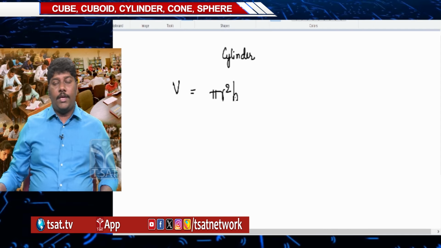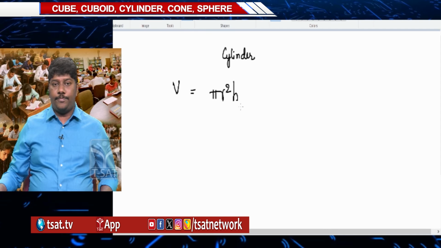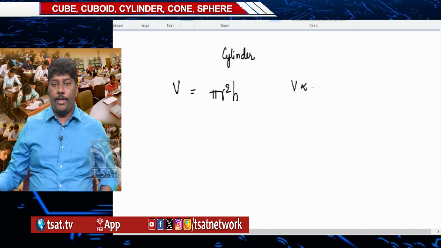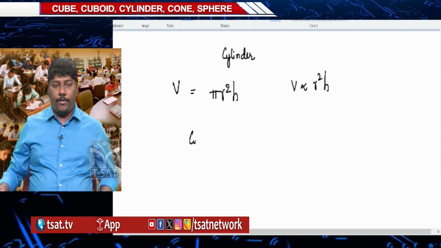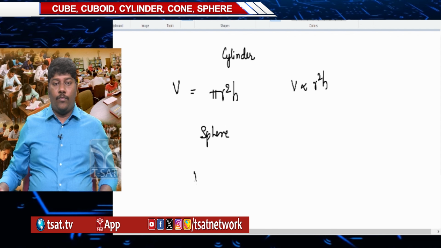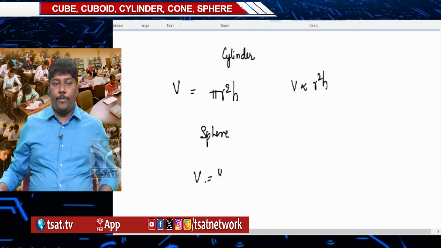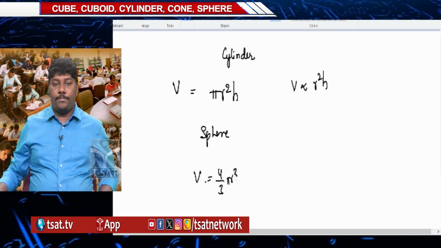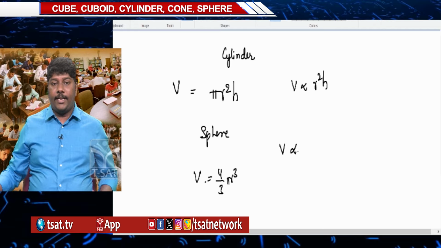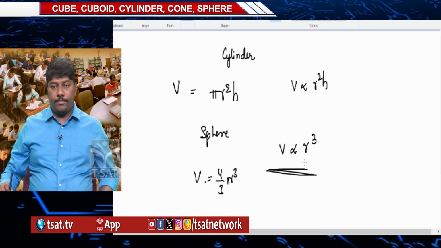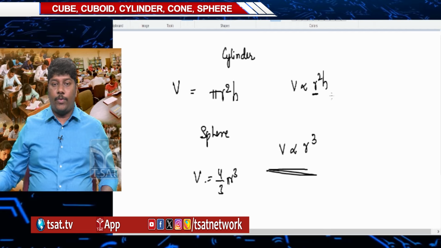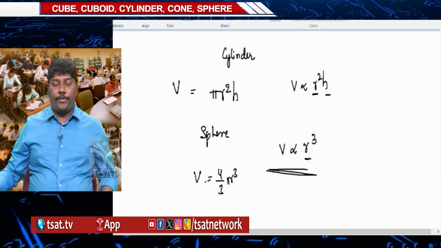Now volume of a cylinder is pi r square h. Here the variables are r and h, therefore volume varies directly with r square h. If I take volume of a sphere, volume is 4 by 3 pi r cube. So volume varies directly with the cube of radius.